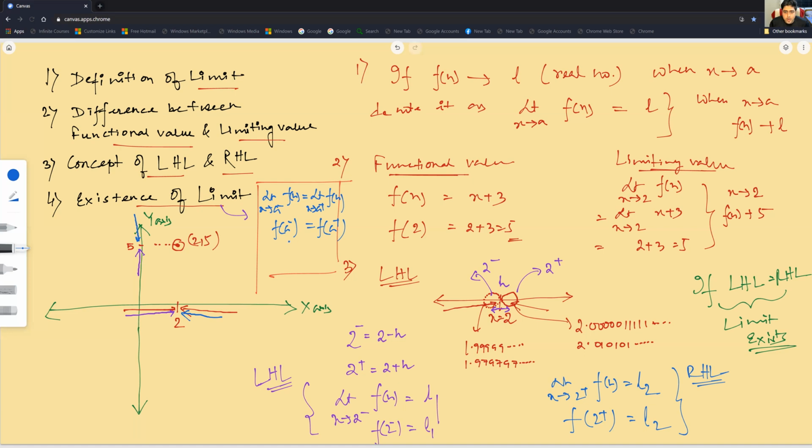If these two values are the same, then in short we can write it as limit x tends to a of f of x equals L. You will get the limiting value.